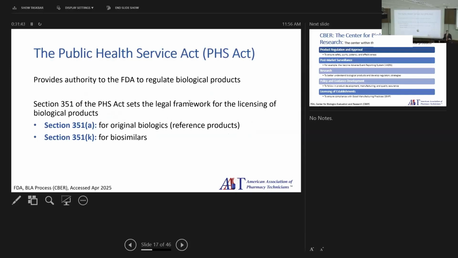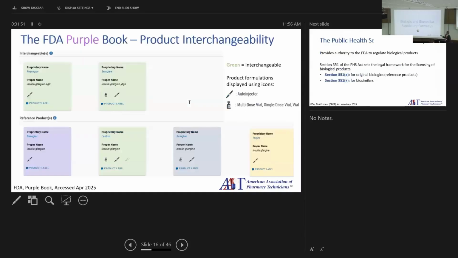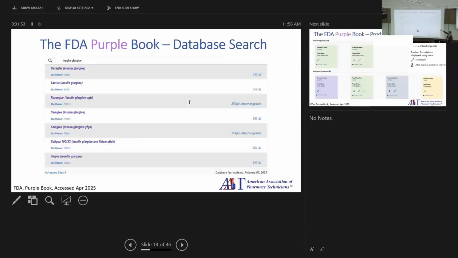So original biologics are approved and licensed under Section 351A, and then biosimilars are licensed under Section 351K. So if we go back a few slides to our FDA Purple Book database, we can see all of the products that are listed on the right side as 351A. Those are original biologics, and then the agents that were licensed as 351K are biosimilars.